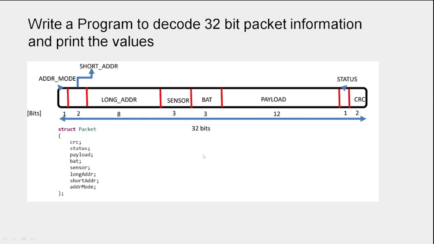CRC is 2 bits, status is 1 bit, payload is 12 bits, bat is 3 bits, sensor is 3 bits, long address is 8 bits, short address is 8 bits, and address mode is 1 bit. So we are going to decode the 32-bit packet information and store it in the structure. Later we will convert this to bit fields.